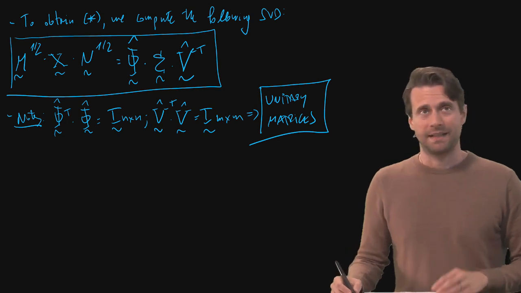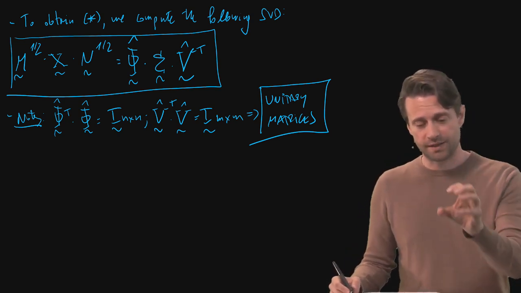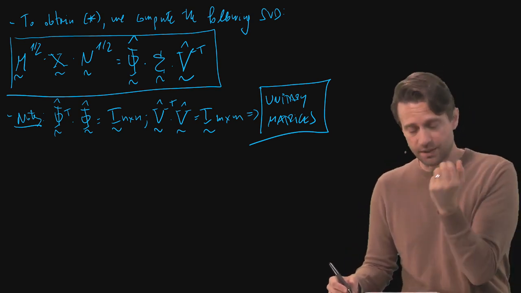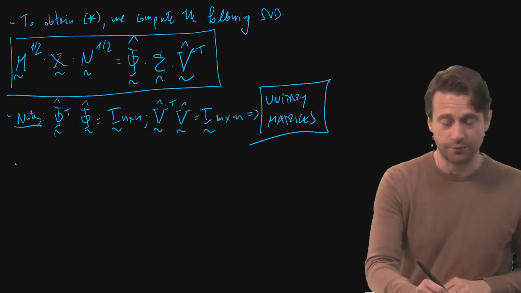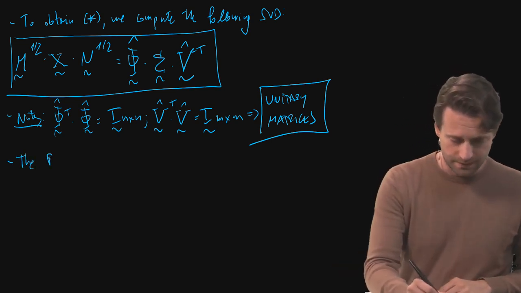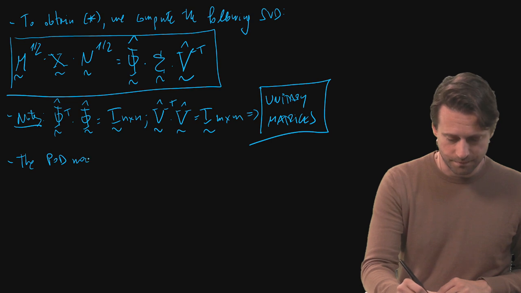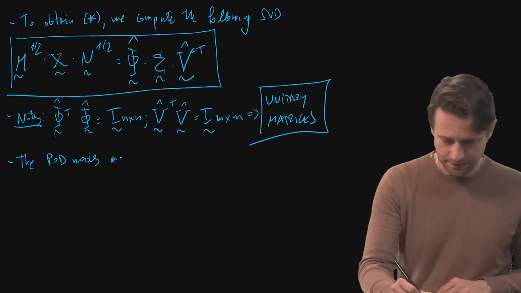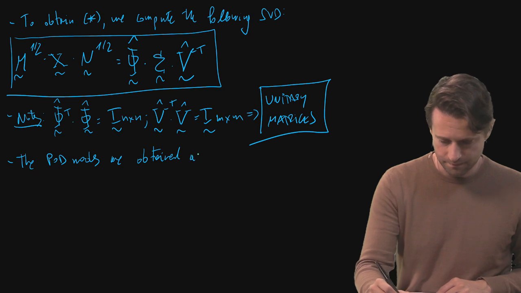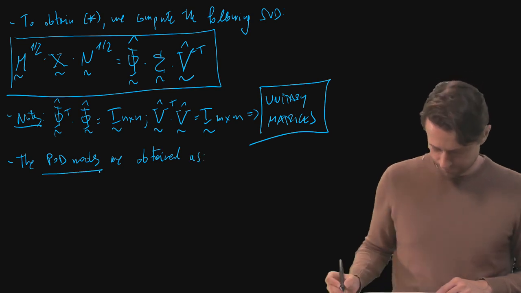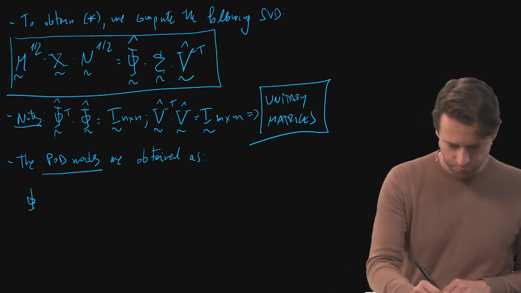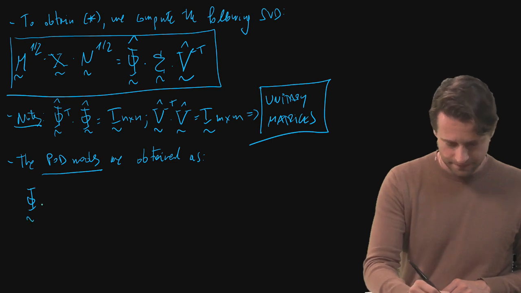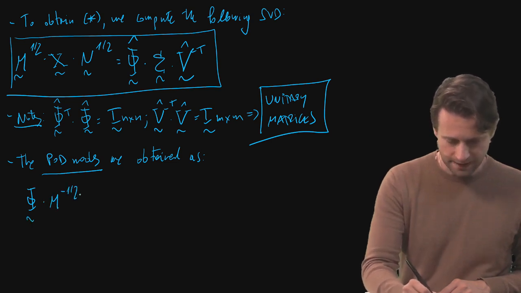We're getting there. Now that we have computed the SVD on this scaled matrix, we can calculate the POD modes as follows. The POD modes are obtained as phi equals phi hat times M to the minus 1/2.